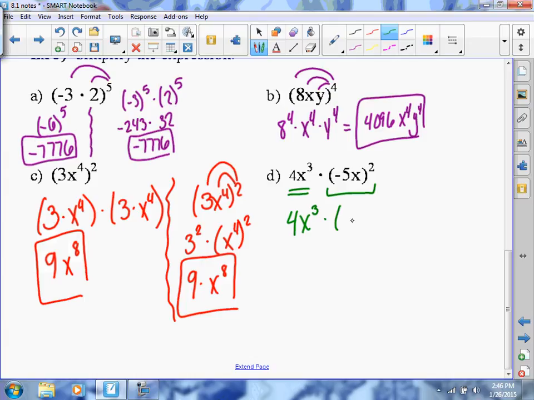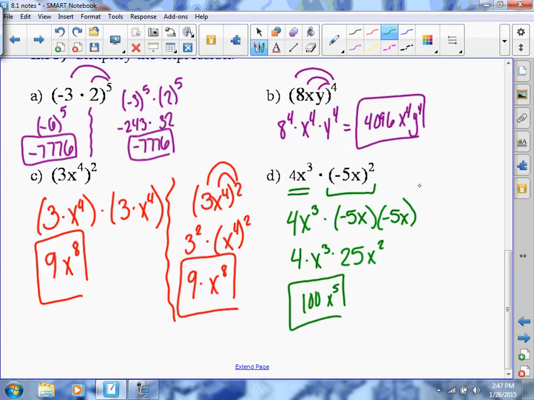So you could think of it as negative 5x times negative 5x, and then you have a 4 times x to the third. Negative 5 times negative 5 is positive 25, and x times x is going to be x squared, and then 4 times 25 is 100, and x to the third and x squared, you have 5 x's altogether.